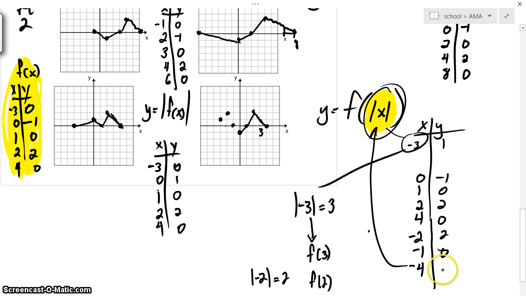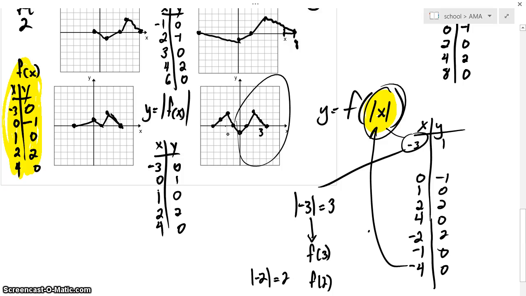And what is f of 4? It's 0. So amazingly, you will get the graph that you had to the right of this y-axis, and it's going to be reflected over that y-axis into that second and third quadrant.